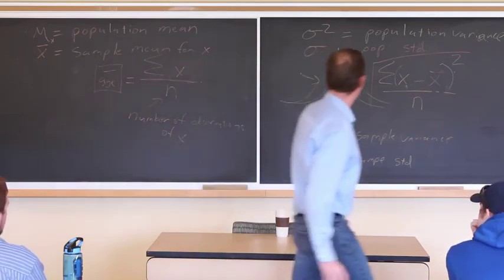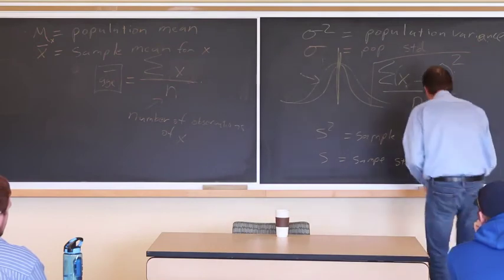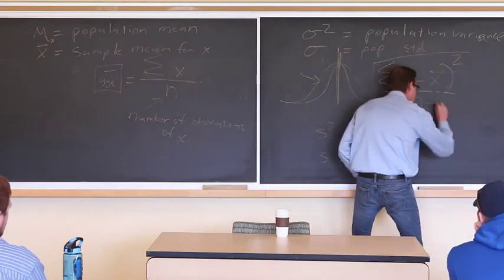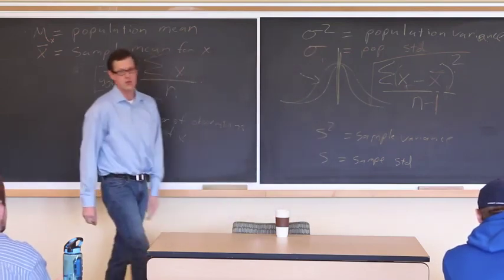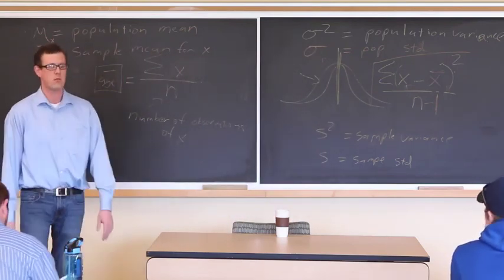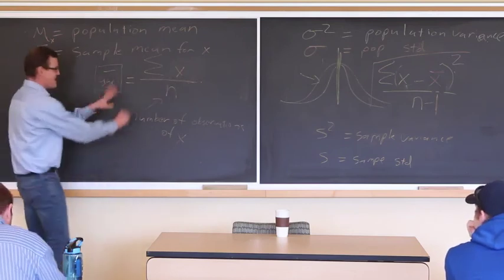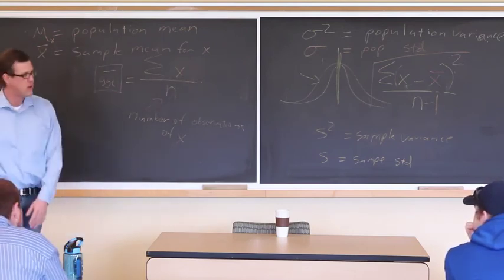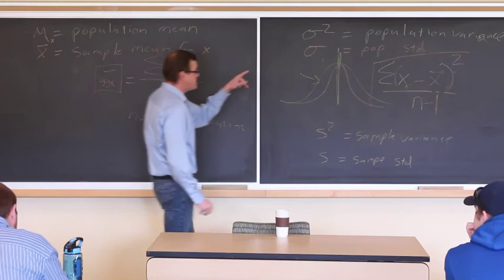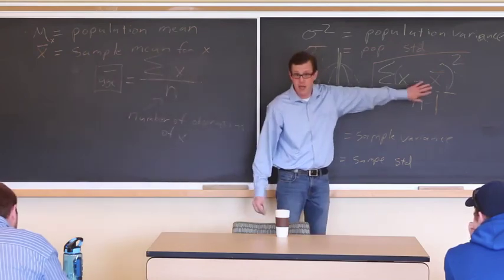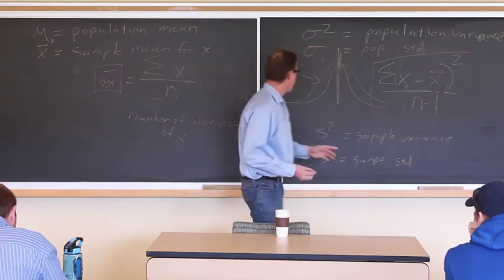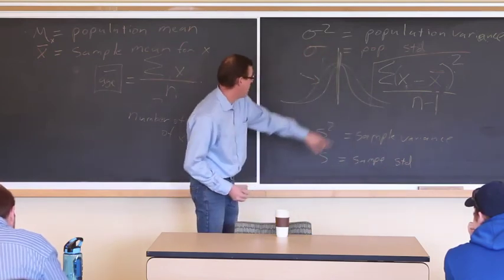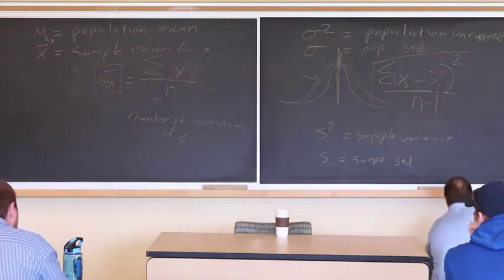So we are going to change this formula ever so slightly. N minus 1. The formula for the means, it's the same either way. The formula for the variance and standard deviation, if you see n, we're talking about an entire population that we have access to. If we have n minus 1, let me relabel this.